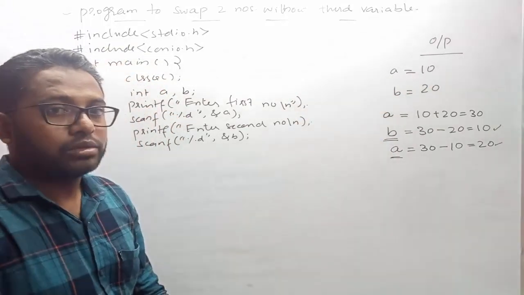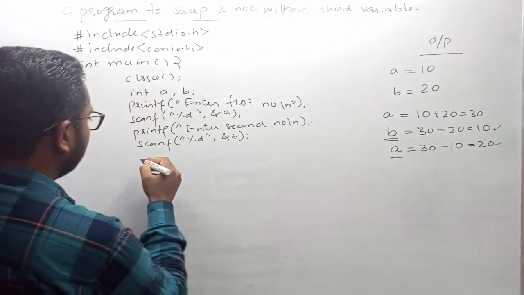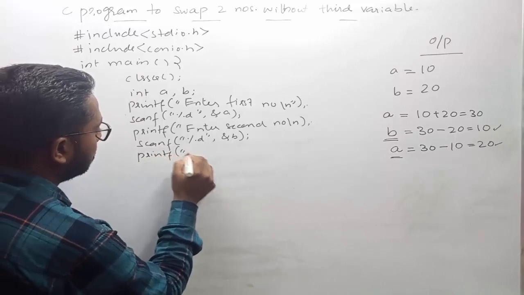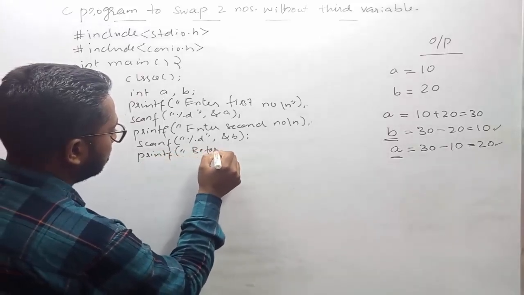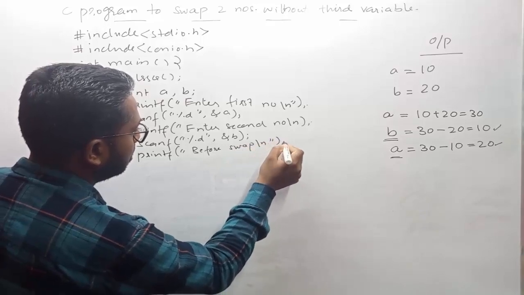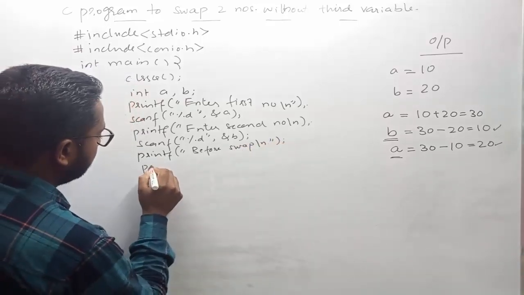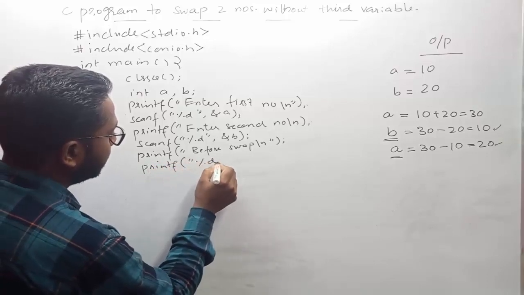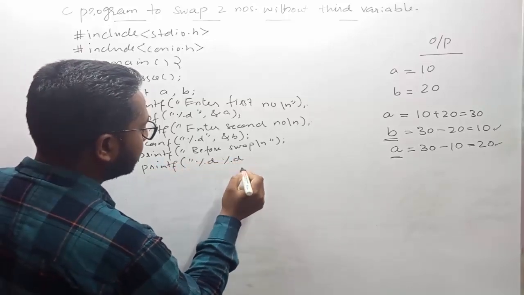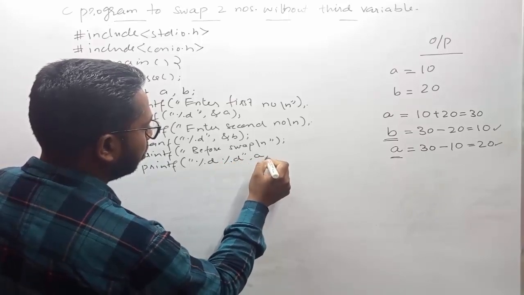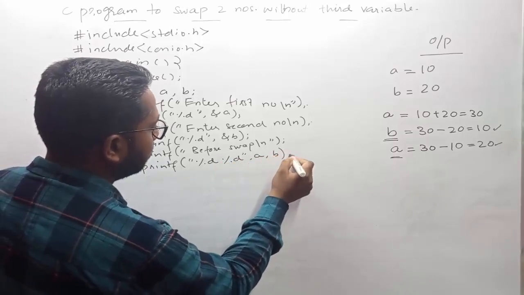Now first I will display the original values before swapping. printf before swap, printf %d, a, b.